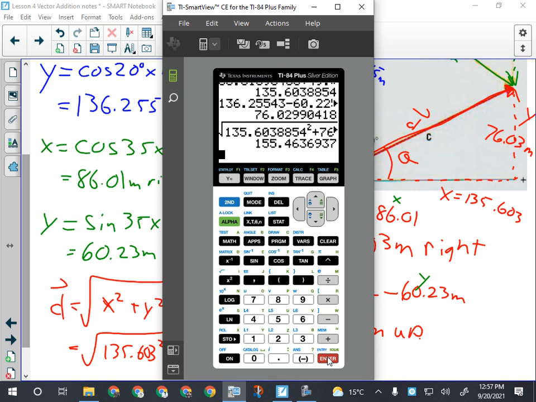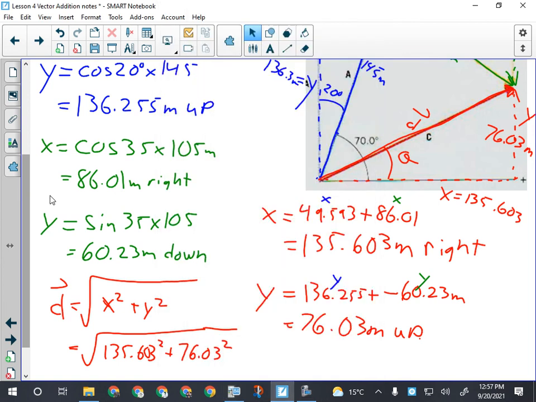Okay, so my resultant's magnitude, or my overall displacement, is 155.464 meters. Okay, so now I have the magnitude of my displacement.